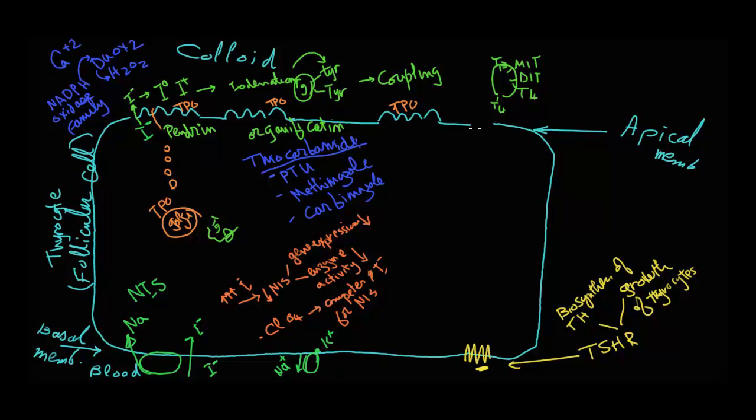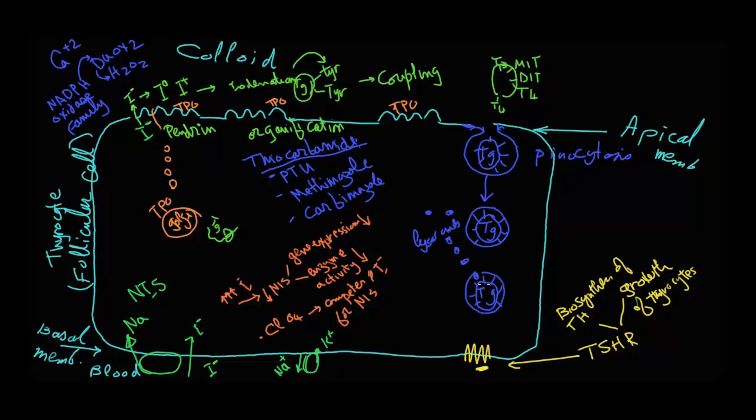At the thyrocyte apical membrane, the colloid is engulfed in vesicles by pinocytosis and is absorbed inside the cell. Then lysosomes containing proteolytic enzymes fuse with the colloid vesicle, and this will release T4 primarily and T3 after the protease hydrolysis.